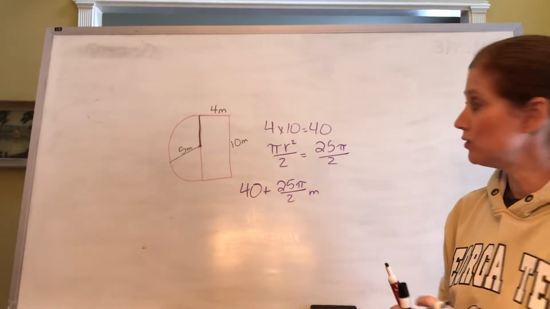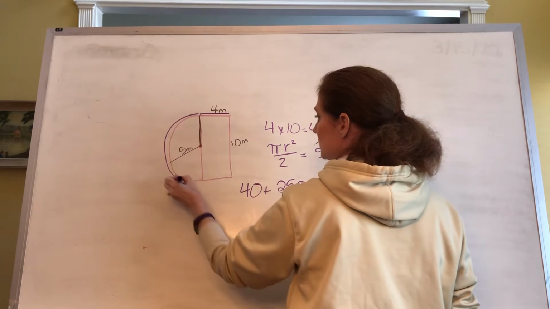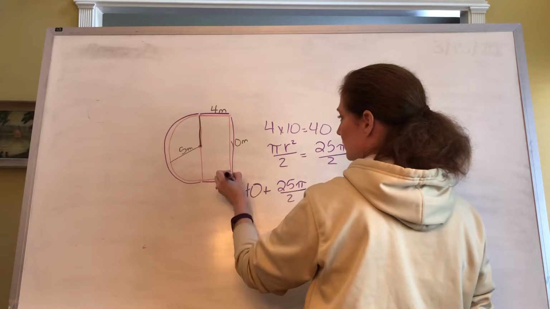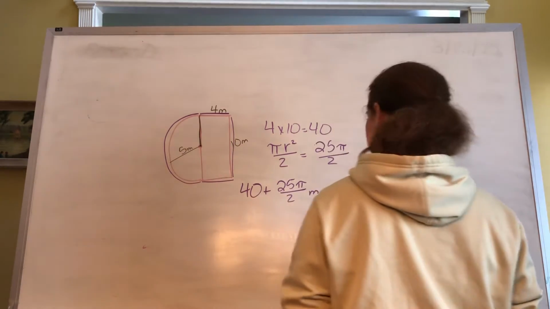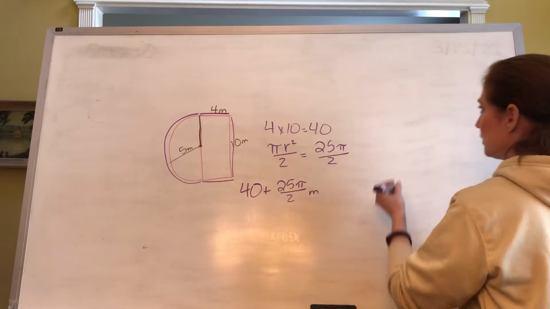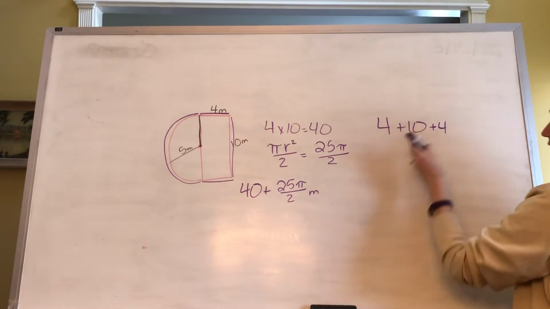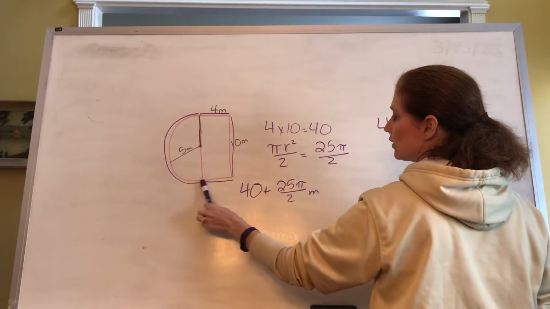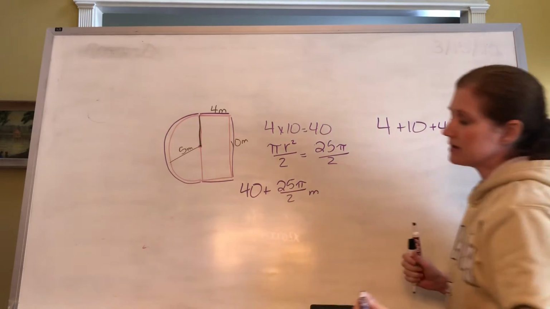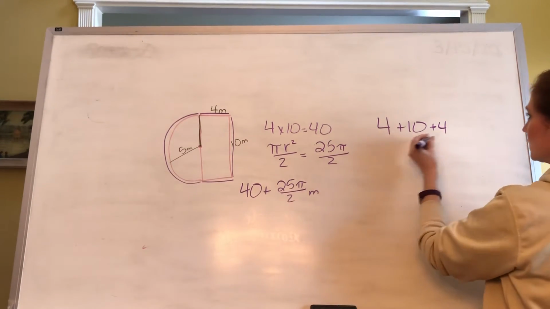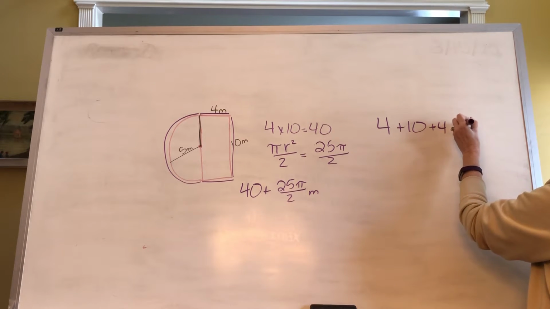If we wanted to do the perimeter of this shape, then we're going to add up all of our sides, where we're going to have 4 plus 10 plus 4, that's going to be our 3 sides of the rectangle, and then we need the perimeter of that semicircle, and so that's we're going to add pi d over 2.